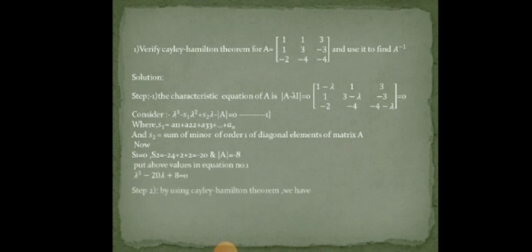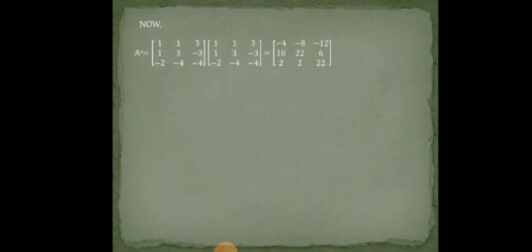Putting above values in equation number 1, we get lambda cube minus 20 lambda plus 8 equals 0. So by using Cayley-Hamilton theorem, we have A cube minus 20A plus 8I equals 0. So finding A square equals [-4 -8 -12; 10 22 6; 2 2 22].